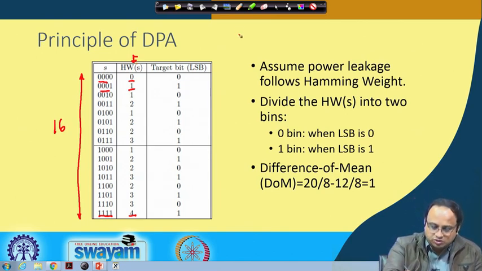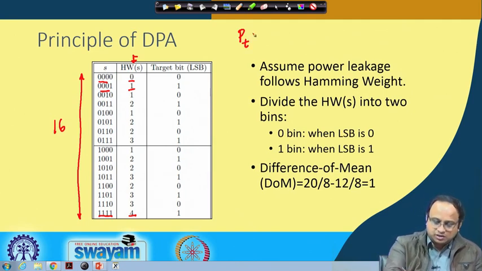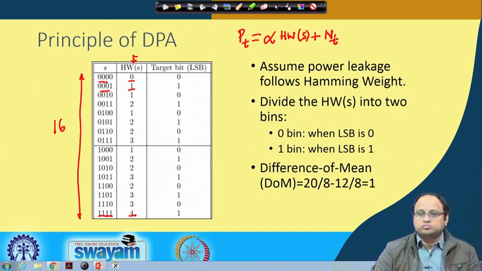We can also write this as a formula: the power consumed at time t is alpha, which is a constant, times the Hamming weight of your target state, plus some noise term, denoted as N_t. This could be a Gaussian noise.